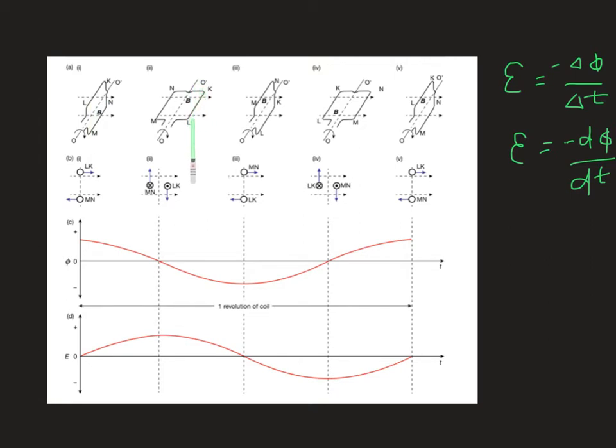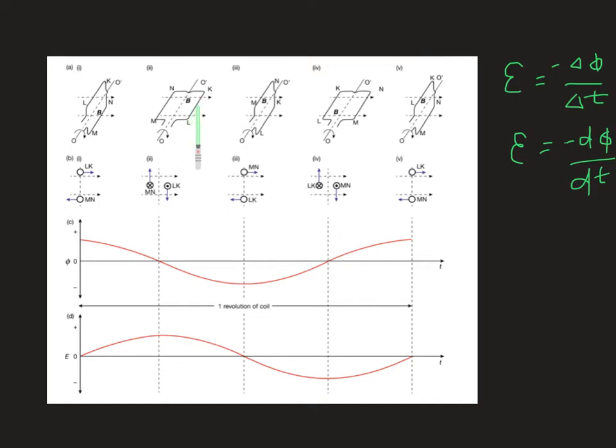What we've got now is zero magnetic flux through the coil, but side KL has maximum cut of the flux. KL, the current carrying conductor, is at 90 degrees to the magnetic field, so it's got maximum cut. Over here, zero cut, not cutting the magnetic flux at all. Here, totally cutting. Maximum cut.